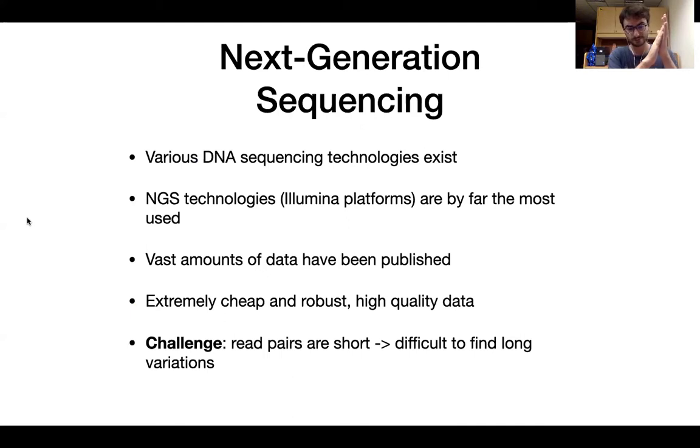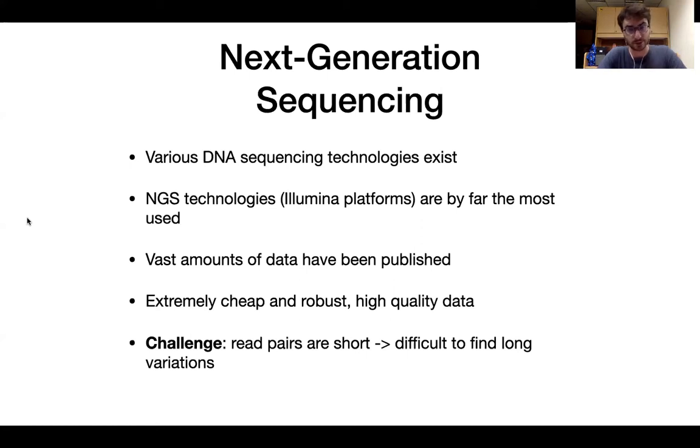And the reason why Illumina NGS sequencing is so used today is mostly due to its cost. It's cheap, and it can be used to sequence thousands or even tens of thousands of individuals relatively cheaply. And for this reason, there is vast amounts of data online, publicly available.